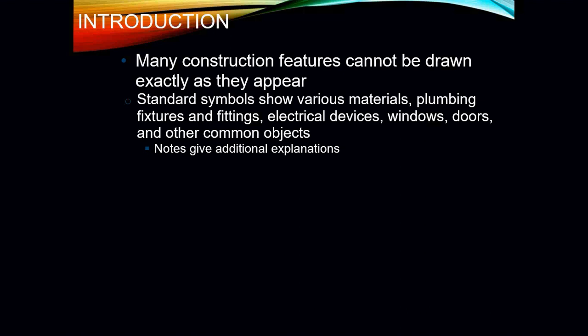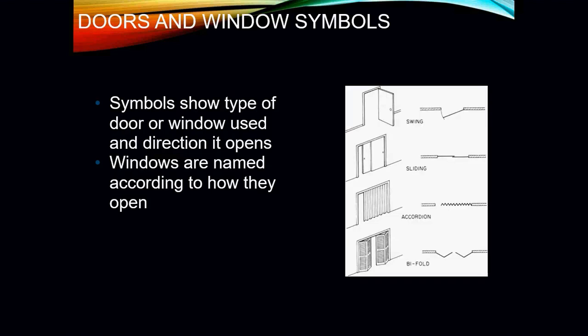It's going to represent your doors, your windows, and any other common objects that are in many of our buildings today. Notes on these drawings also give additional explanations, maybe what type of specifications these devices are rated for, the type of materials they're made of, and so on.